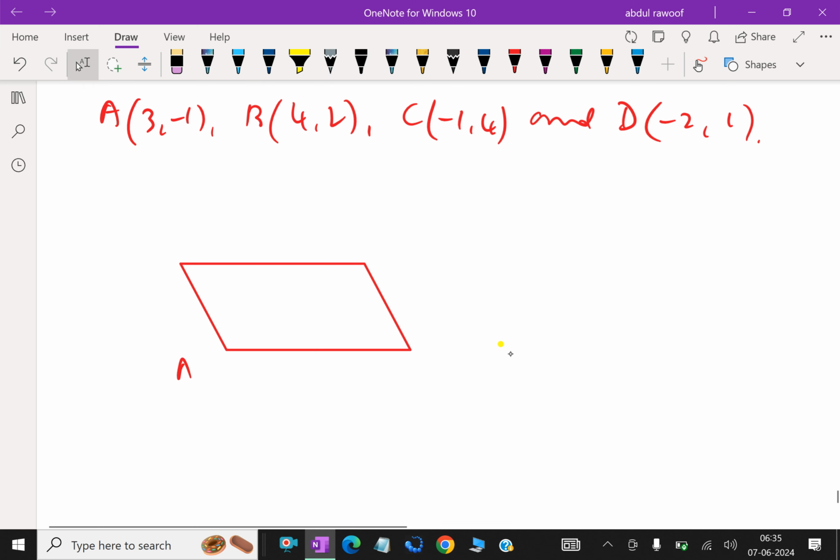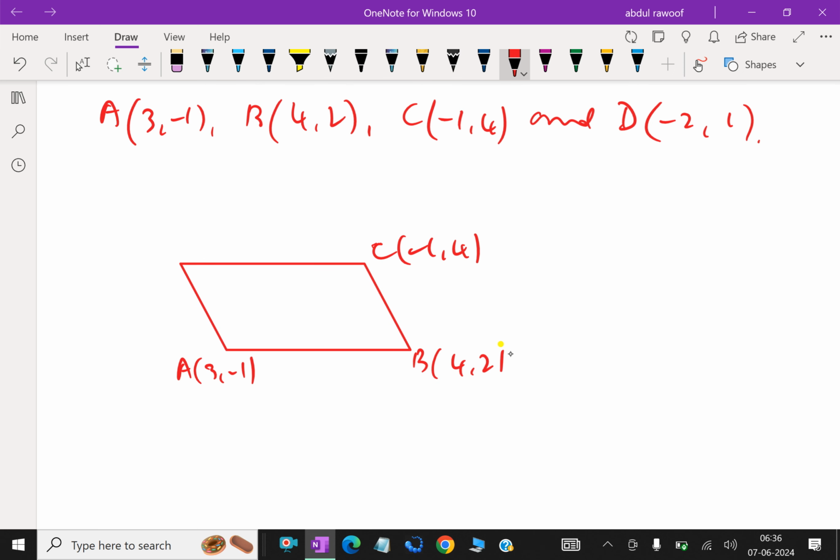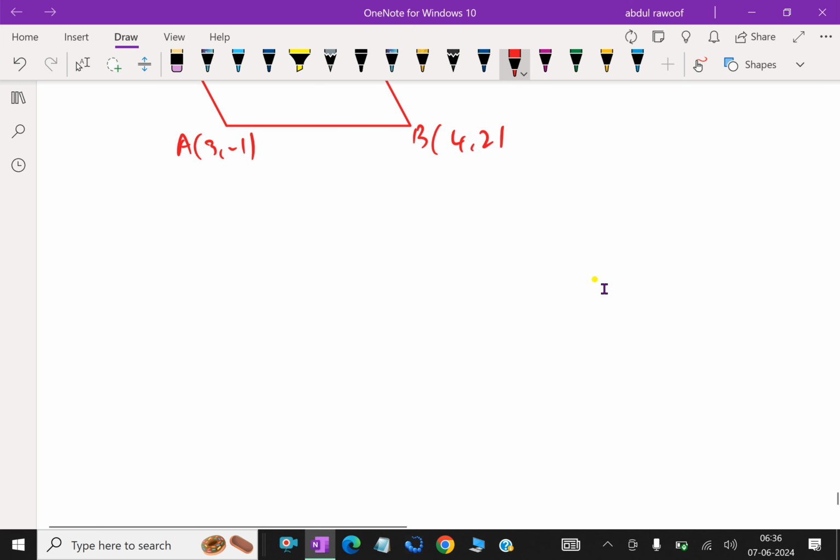A is 3, minus 1, B is 4, 2, C is minus 1, 4, and D is minus 2, 1. Here, to prove this is a parallelogram, we have to show vector AB is equal to vector DC. That means both vectors are equal vectors.